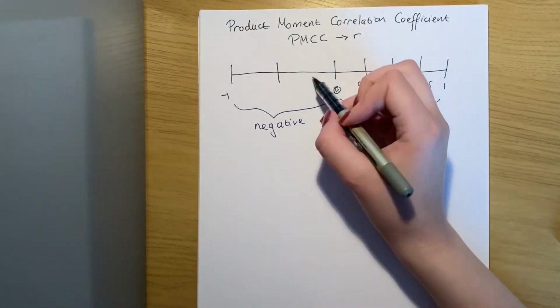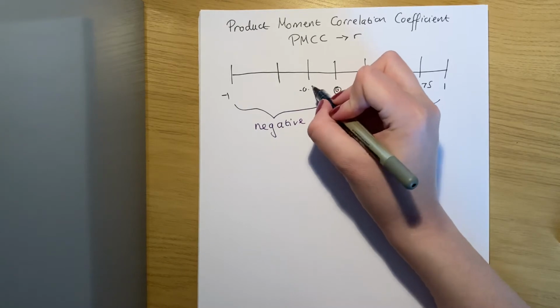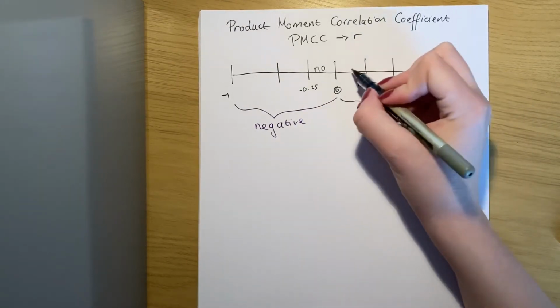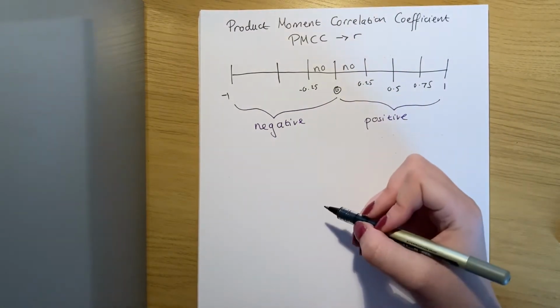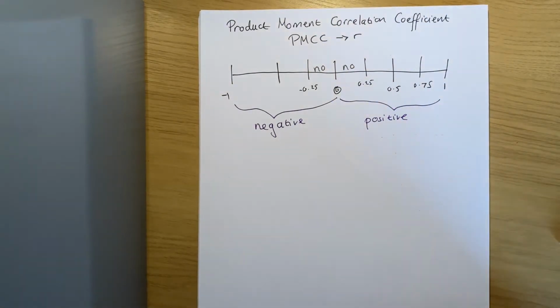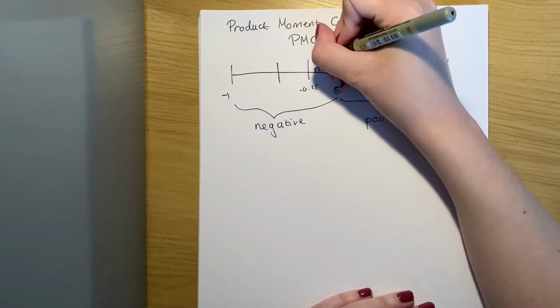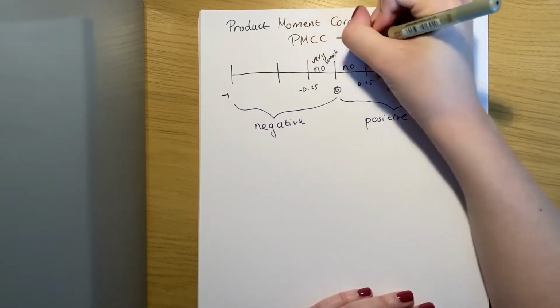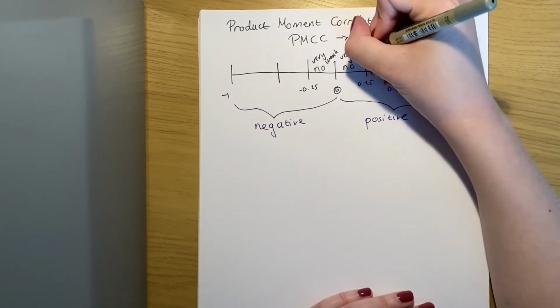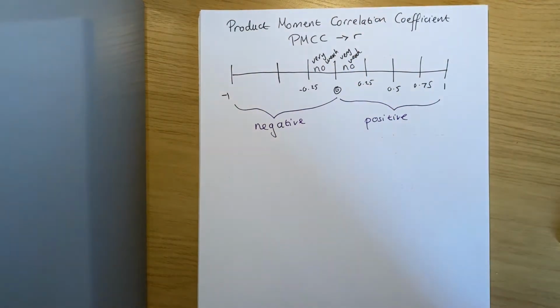So if it's between plus or minus 0.25, we'd basically say there's no correlation there. It would be described as very, very weak, because it's so small that there isn't much of a correlation there at all.